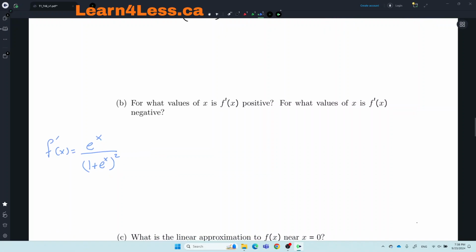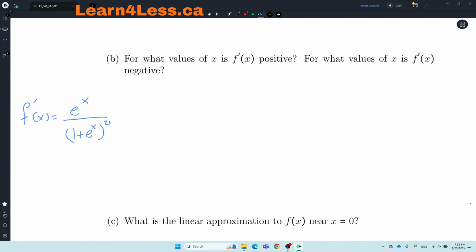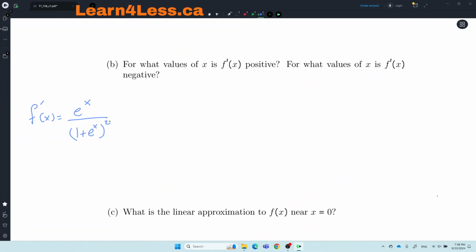We have a fraction, a numerator divided by a denominator. If this fraction wants to be positive or negative, we need to focus on the sign of each different section of that.